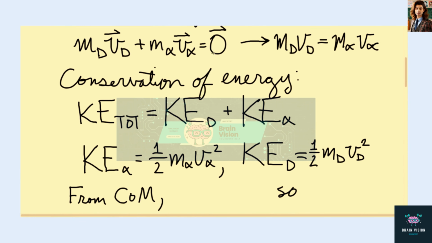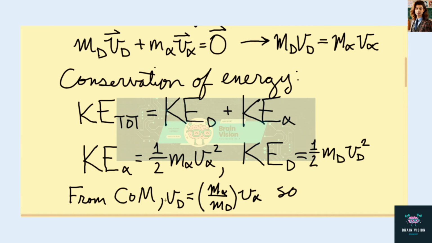And using these two above, starting with the conservation of momentum, we can express the magnitude of the velocity of the daughter nucleus as m sub alpha over m sub daughter times the velocity of the alpha particle.